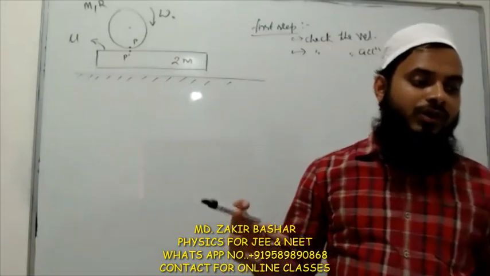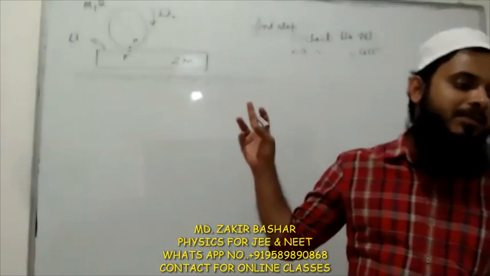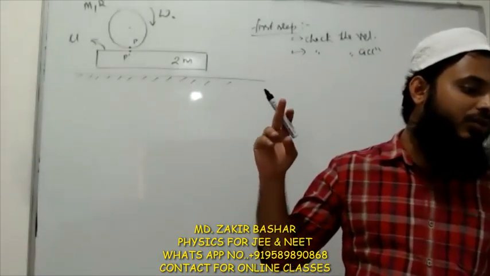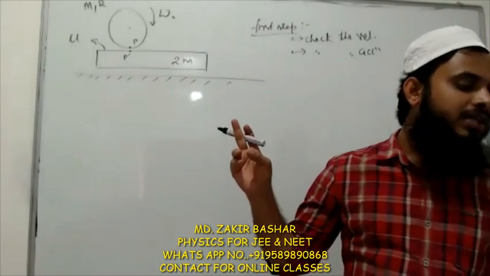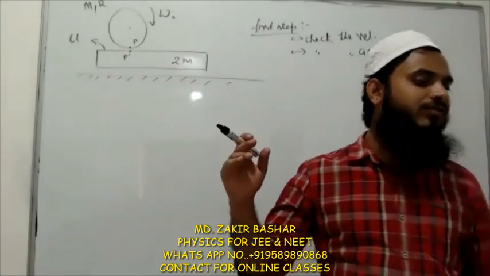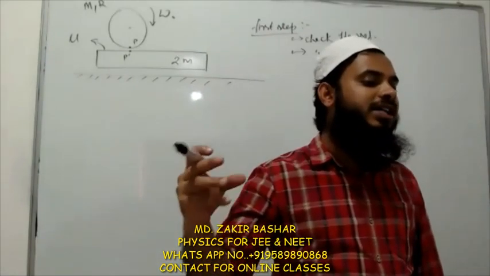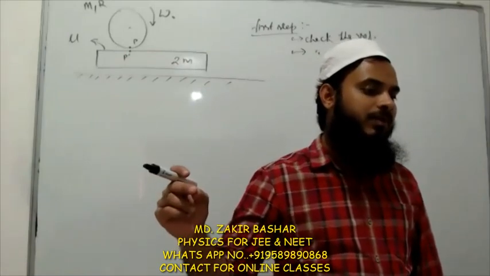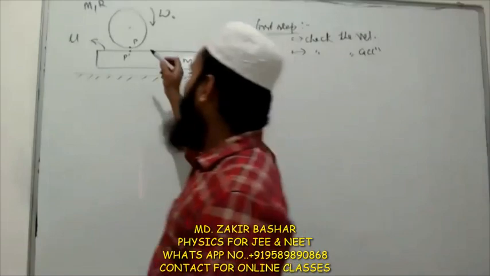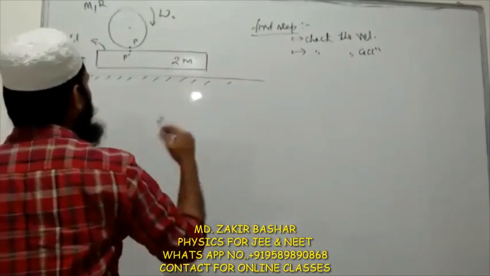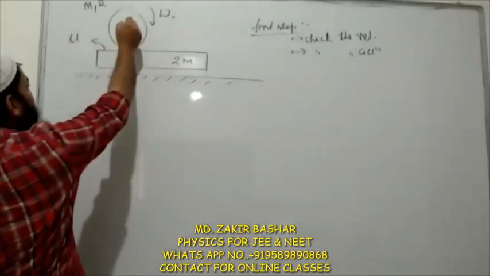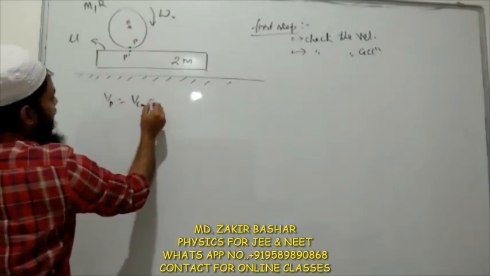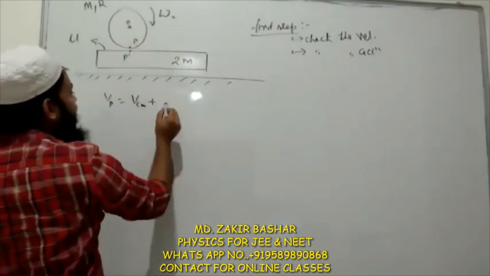For calculating the velocity of point P, the point of the disc, first of all we have to calculate the velocity of the center of mass. Then from the center of mass we check the rotational velocity of point P. The center of mass has velocity 0, so the net velocity of P equals the velocity of the center of mass plus the circular component.